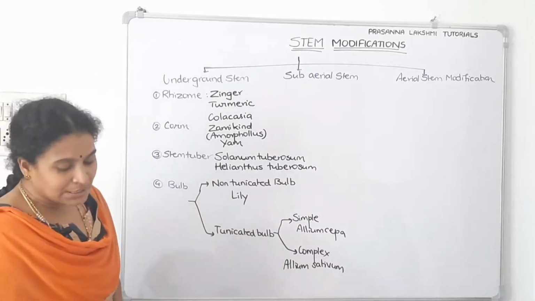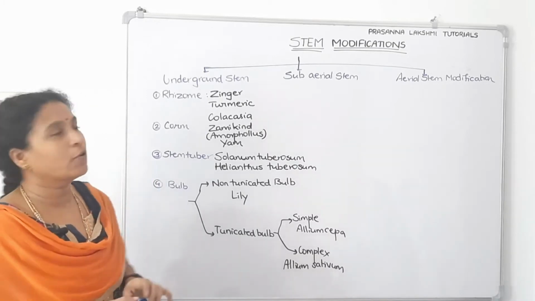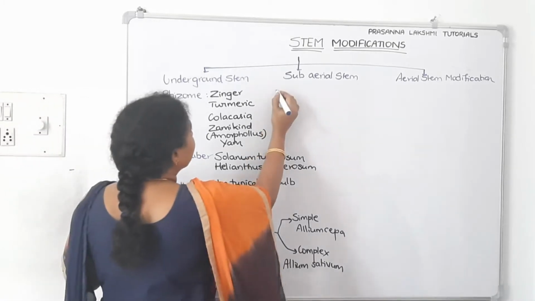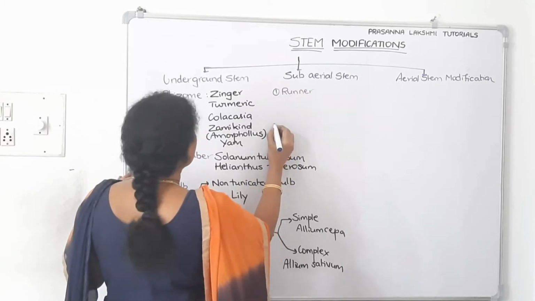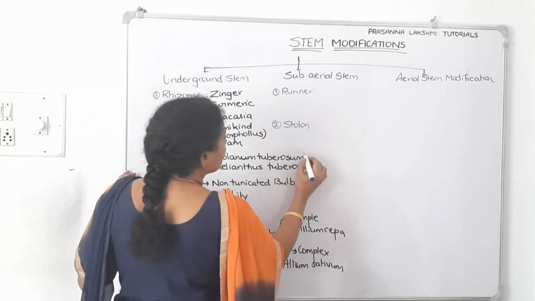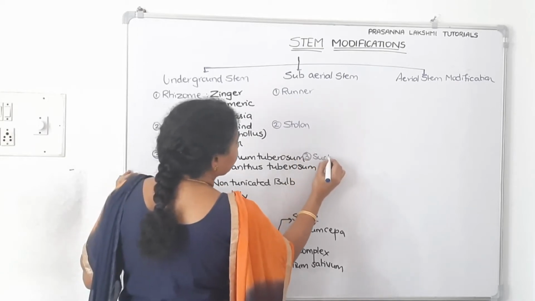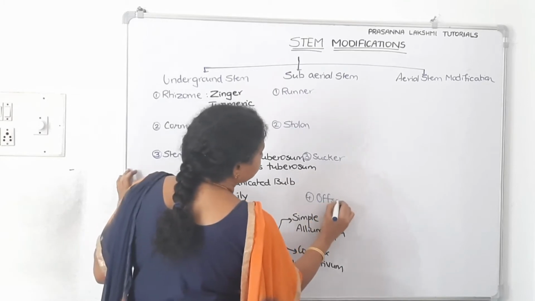Now coming to subaerial stem modifications. Under subaerial stem modifications also we have 4 examples. The first example is a runner, the second example is stolon, the third example is sucker, and the fourth example is offset.